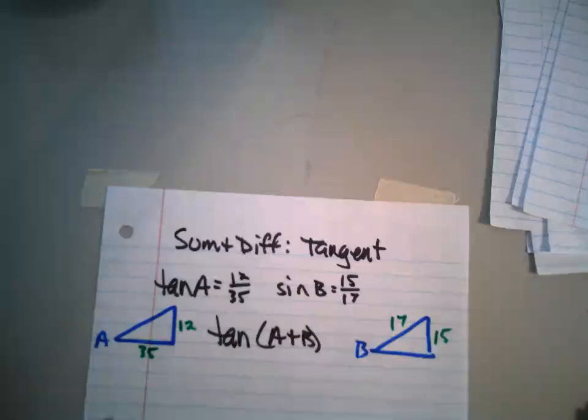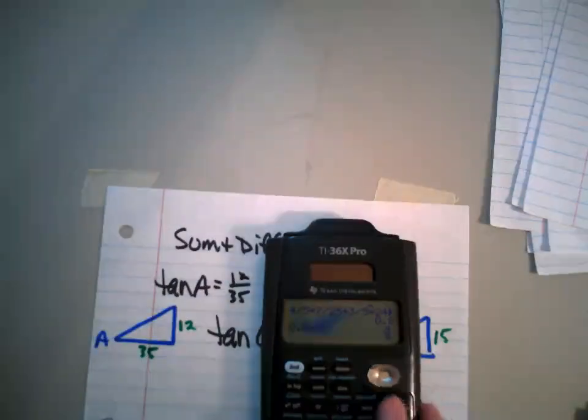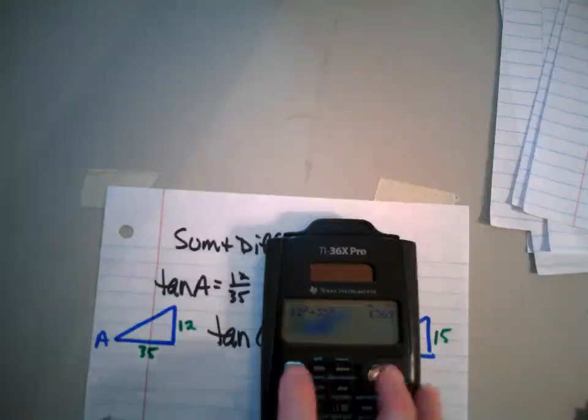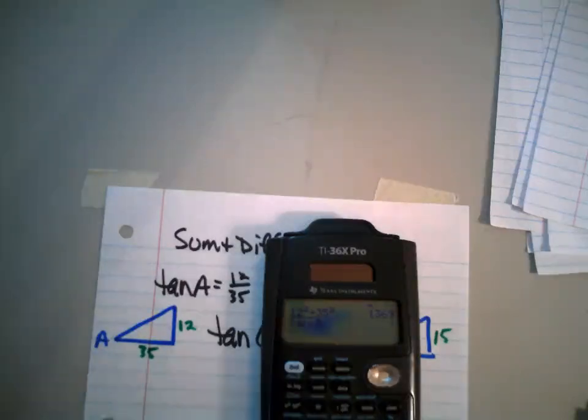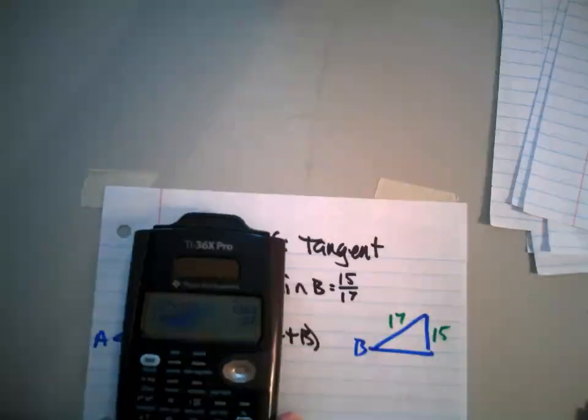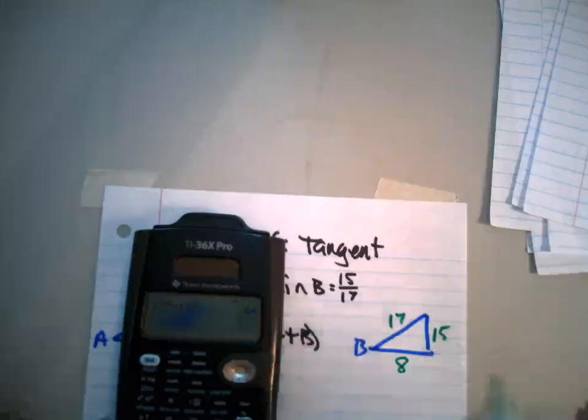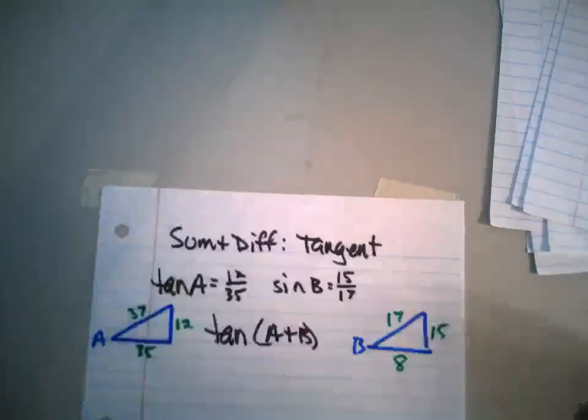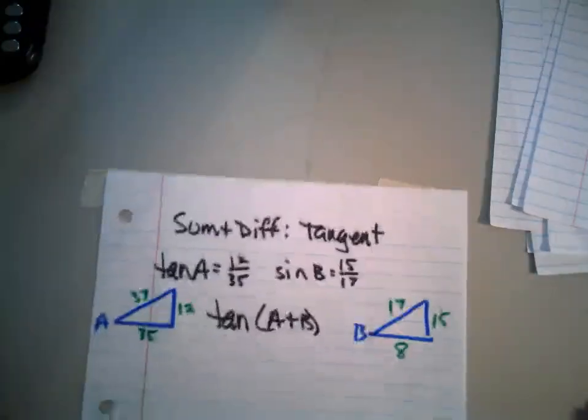Now these may be Pythagorean triples, however, I don't know what they are. So we'll do a quick Pythagorean theorem. 12 squared plus 35 squared. Take that square root. So 37 over here. And I don't know if you'll be able to see this, but 17 squared minus 15 squared is going to give us an 8 down there on the bottom. So that's some Pythagorean theorem. So we can finish off these triangles.